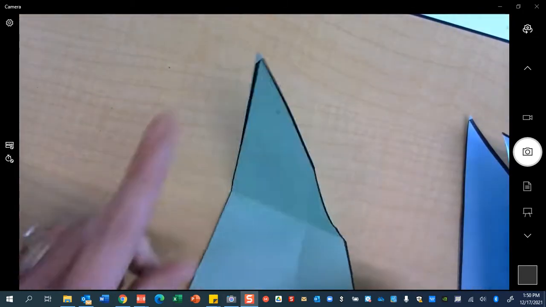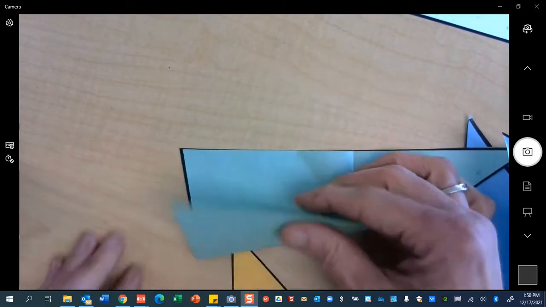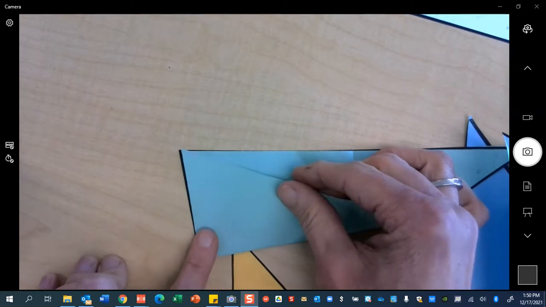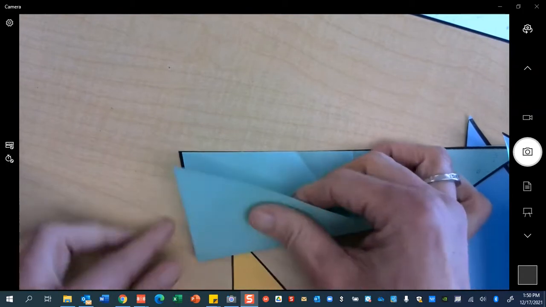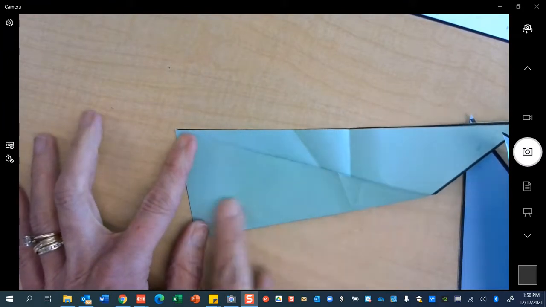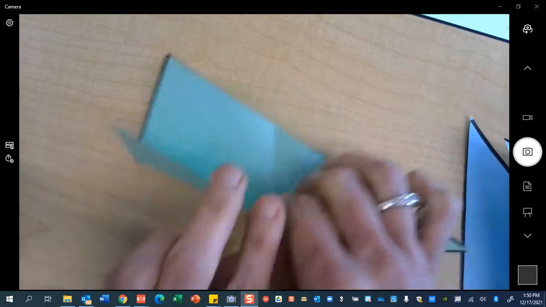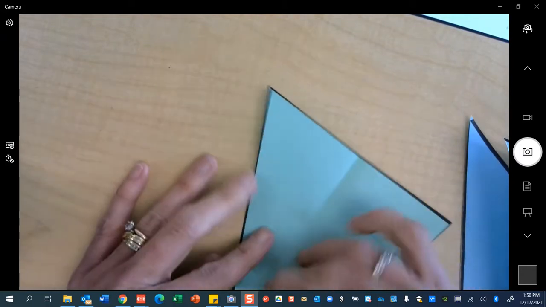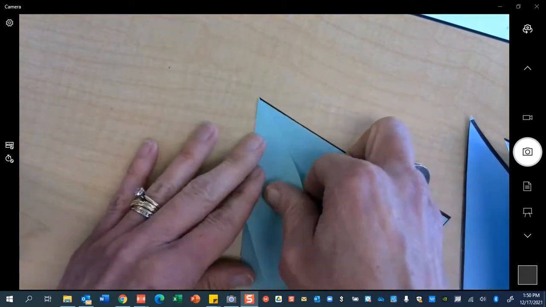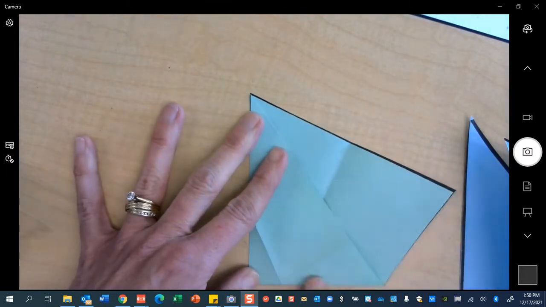And then you're going to spin the triangle, and you're going to fold over the next vertex to vertex. And you're going to again crease. And then you're going to spin the triangle and match up your third set of vertices, vertex to vertex, and crease.